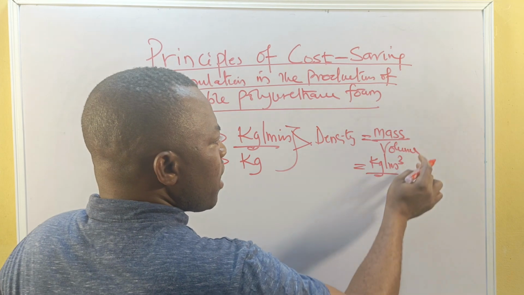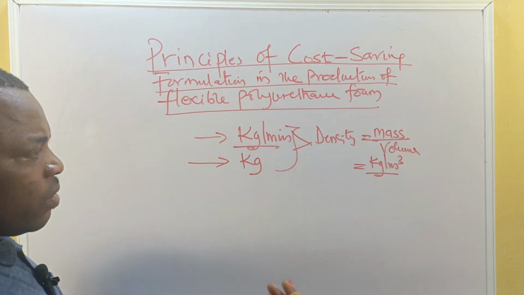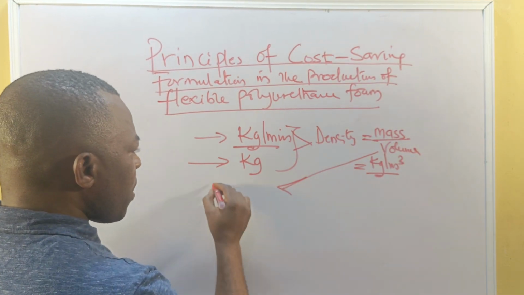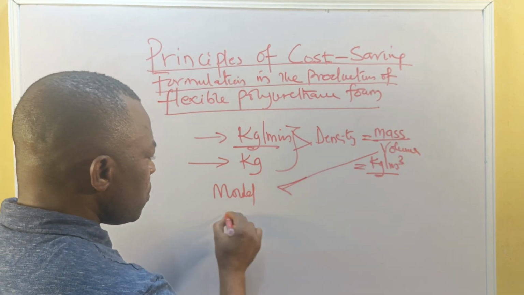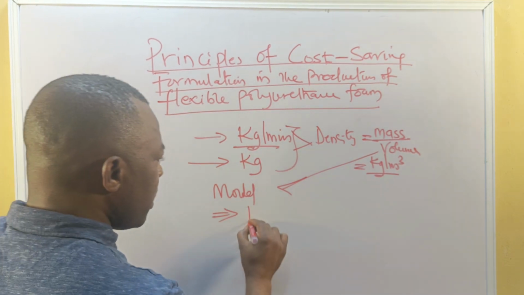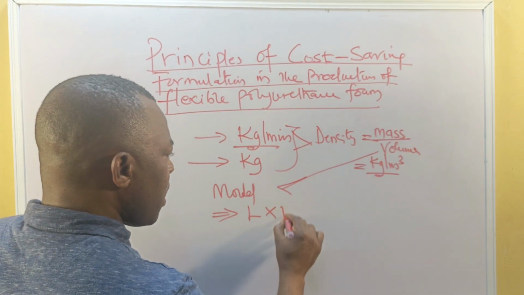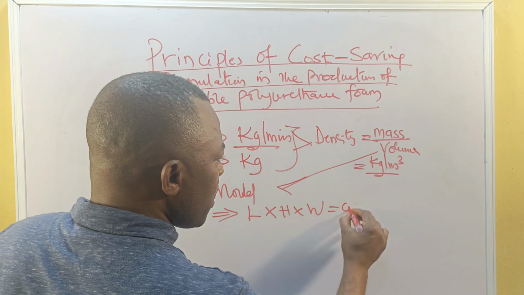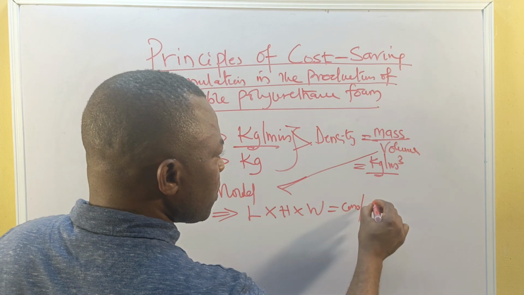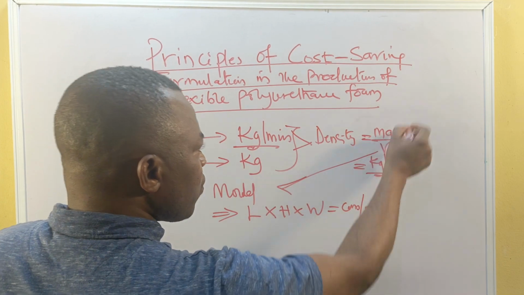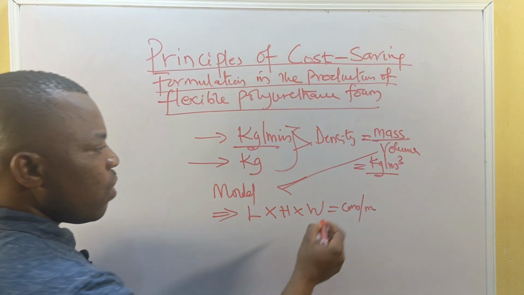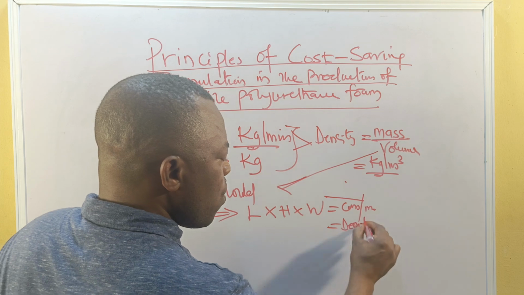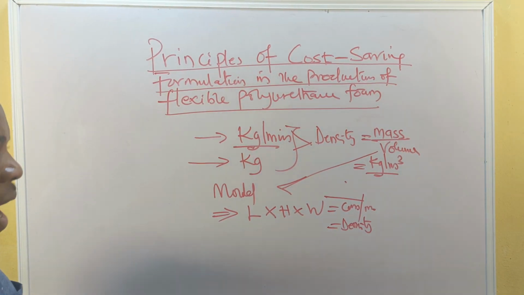So the volume here is made up of the mold, which is made up of the length times height times width, in cm, then you convert it to meter. Now the total mass of the block, when divided by this volume, will give you the density that you want to produce.